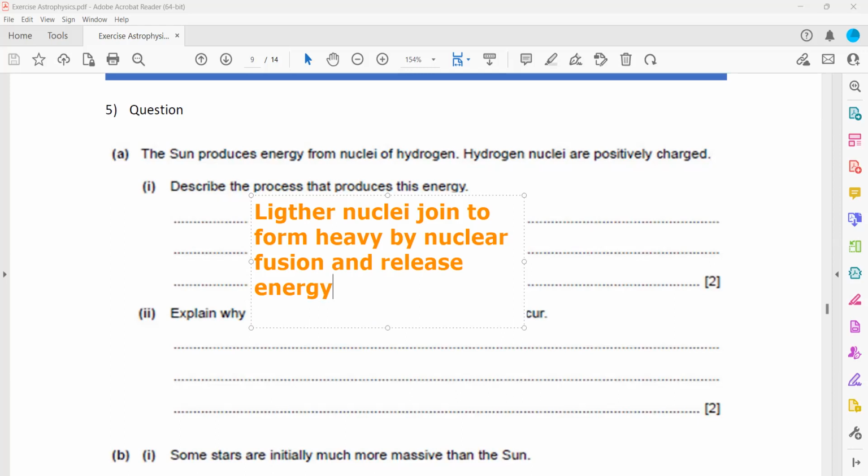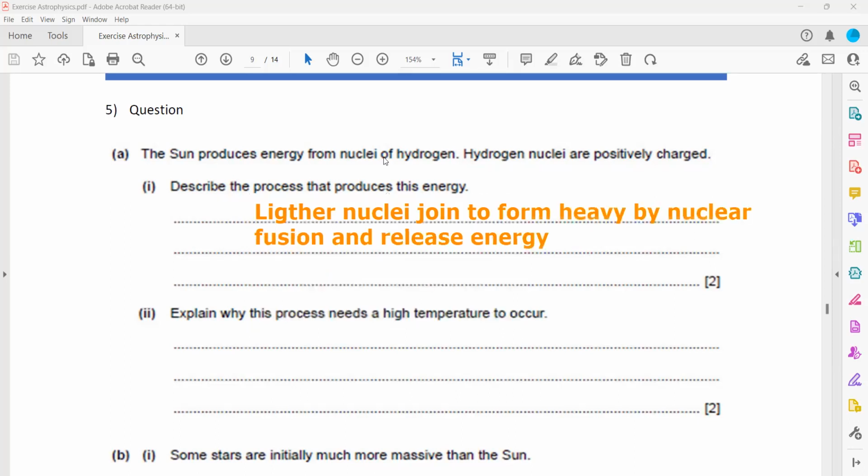Then the next part is why this process needs a high temperature to occur. Why initially do we need a very high temperature to do this? Because we have to fuse the nuclei together, and like charges repel each other.